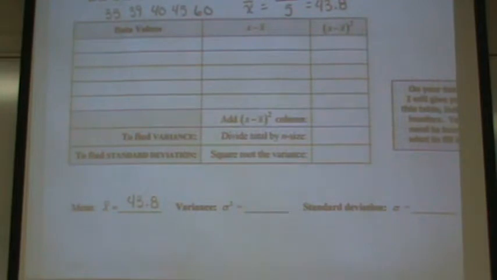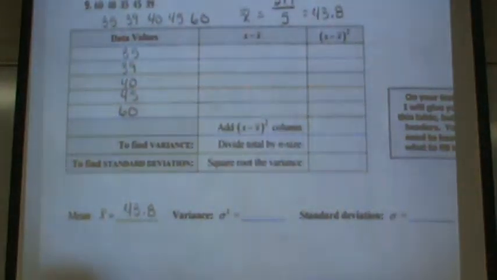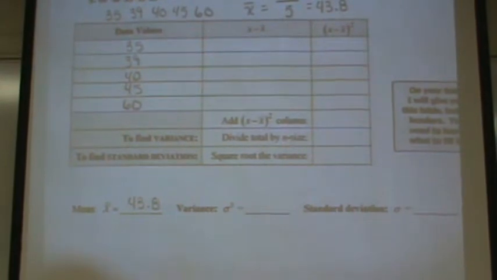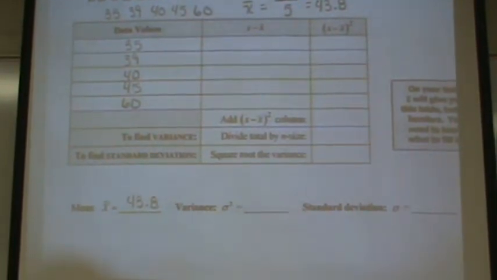Again, putting in our data values into the chart. So we have 35, 39, 40, 45, and 60. In the second column, we're taking those values and subtracting the mean.